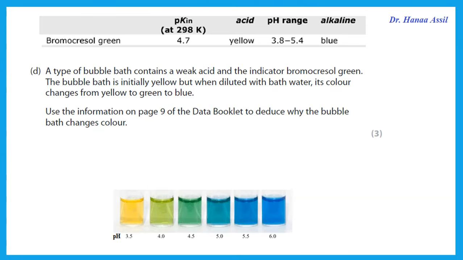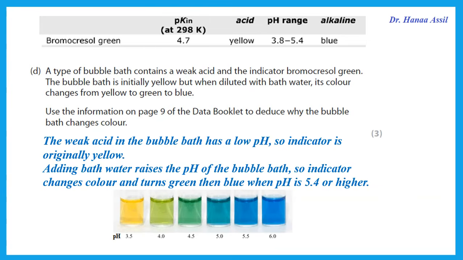And then we're told that the bubble bath is initially yellow, but when diluted with bath water, its color changes from yellow to green to blue. So that means the weak acid in the bubble bath had low pH, so we started with the low pH color for the bromocresol green, which is yellow.